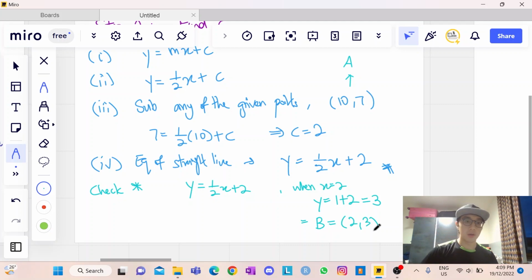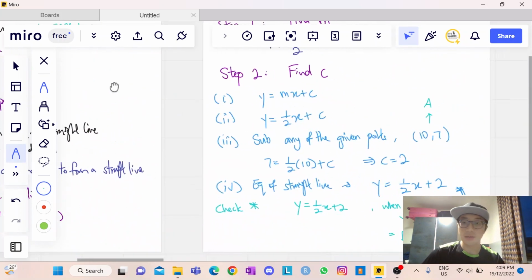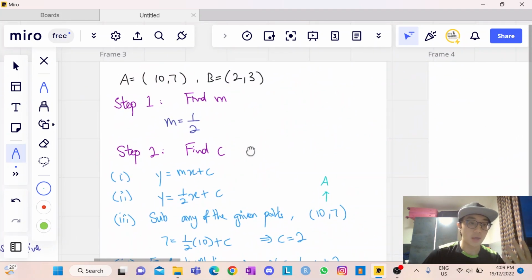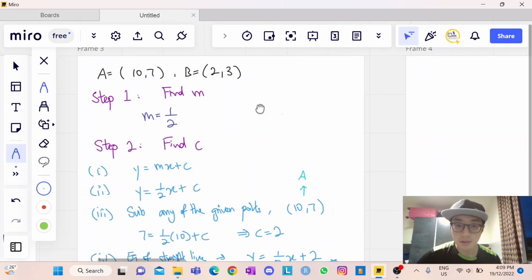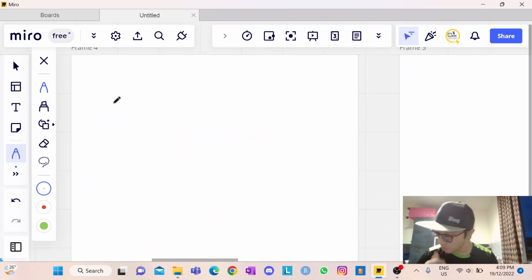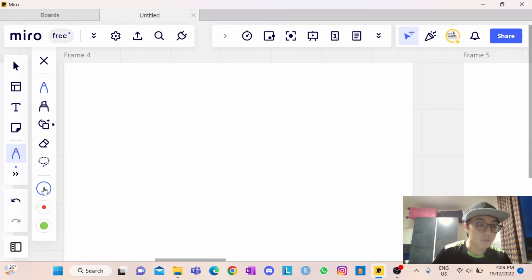So the first two agenda items are done. We looked at how to interpret a straight line and how to look for an equation of a straight line. Easy, nothing hard. Next we'll be looking at an equation of a straight line parallel to a given line. First thing first, we need to know the definition of parallel.